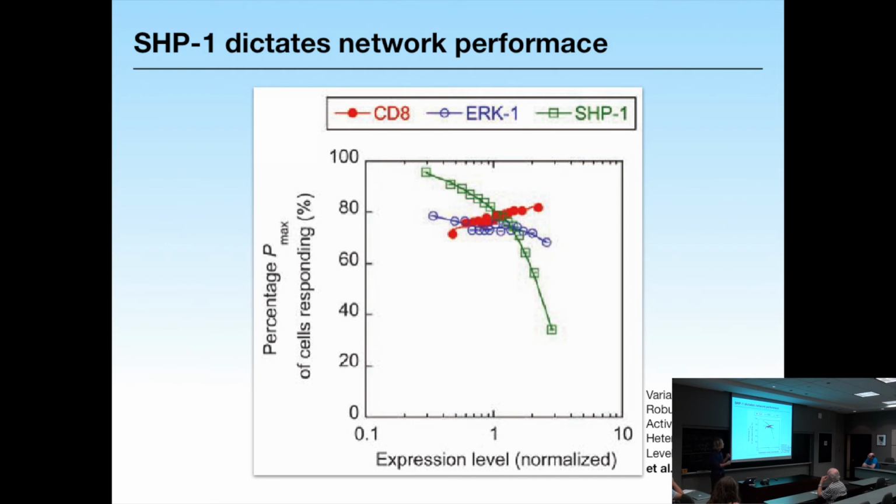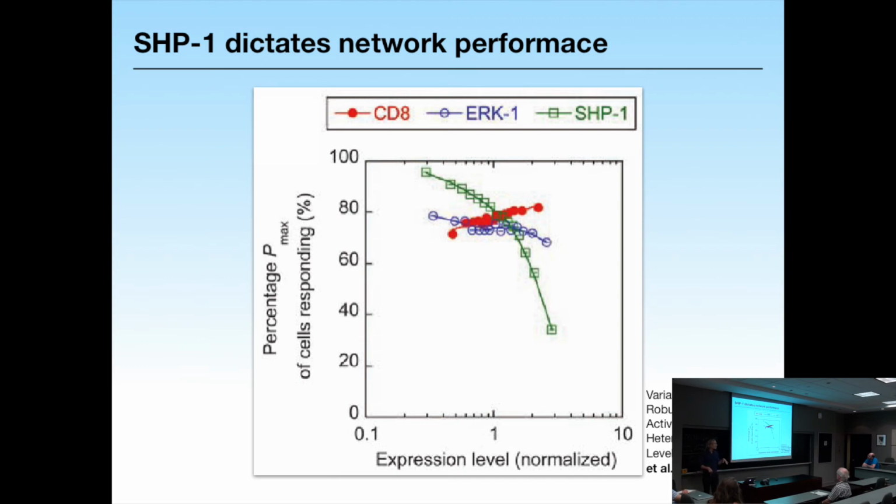ERK is this thing that goes inside the cell to change gene expression, and then there's SHIP1. So there'll be 70% responding when each of them is the same. But if you would then change ERK by 5-fold backwards or forward, you would see about the same number of T cells responding.